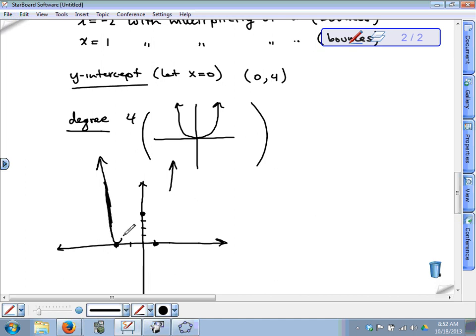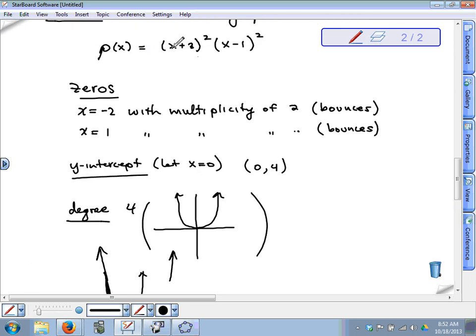Okay. Now, does it go straight to the y-intercept? We don't know. It may, but we don't know that. We have to plot the point -1. -1 plus 2 is 1. 1 squared is 1. -1 minus 1.